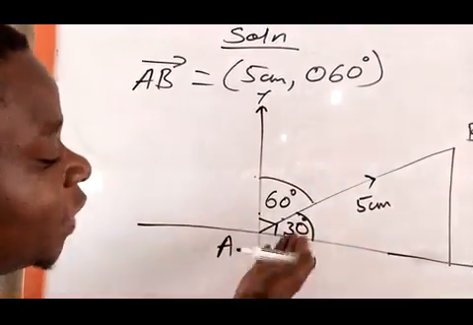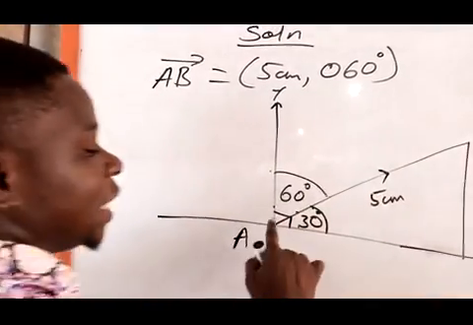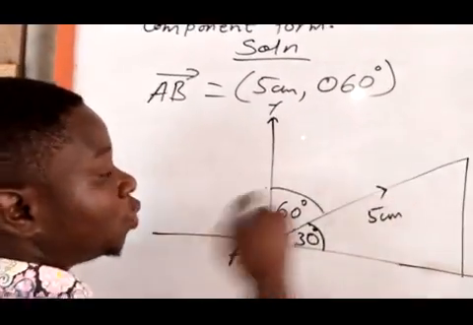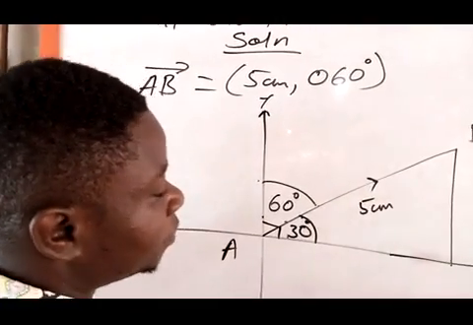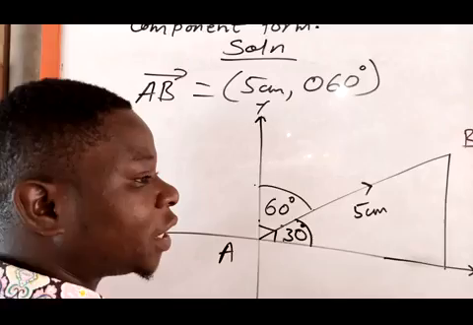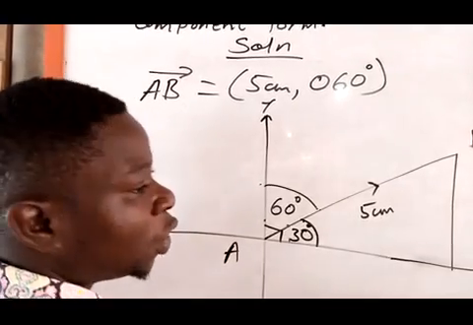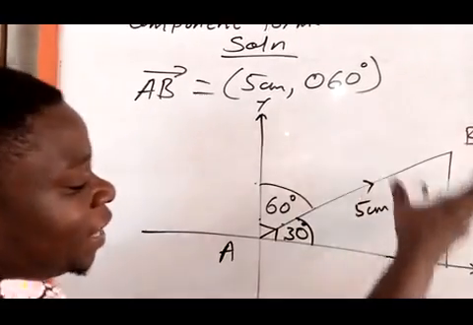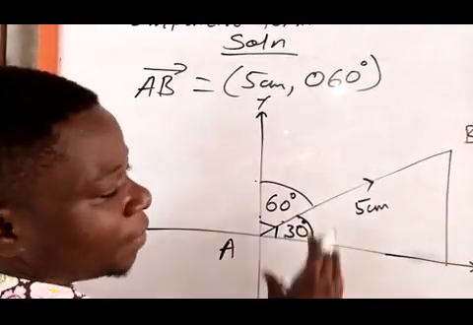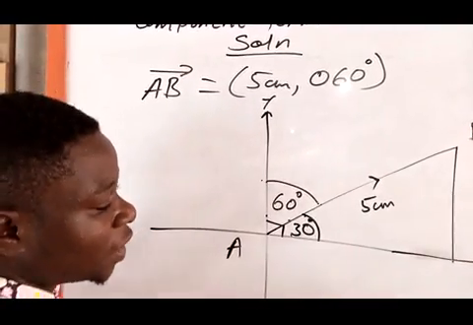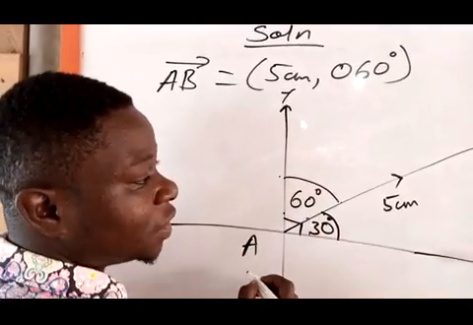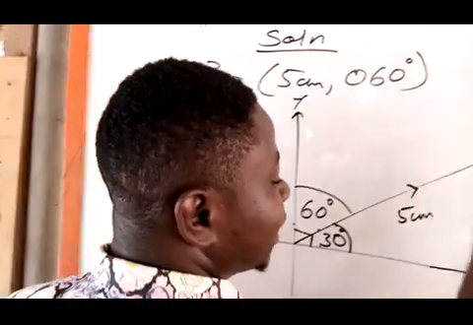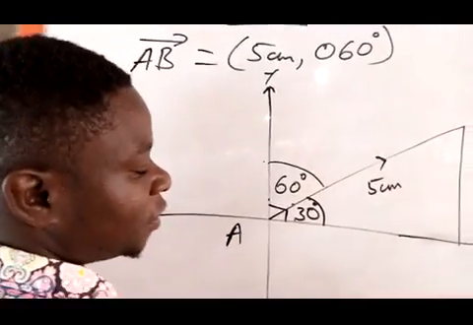Now, applying Pythagoras theorem and trig ratios all together, we realize that this becomes a right-angled triangle.